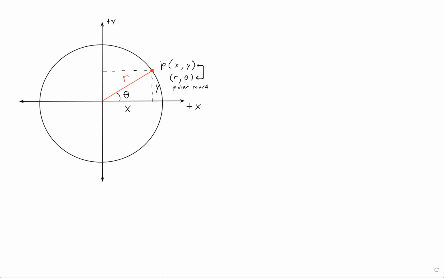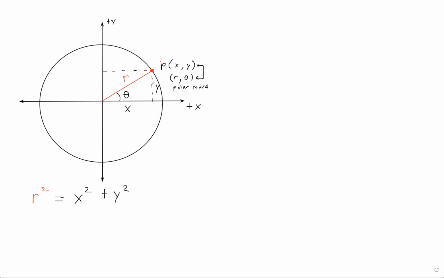So we have four variables, and these four variables can be expressed using these equations. So r squared equals x squared plus y squared.